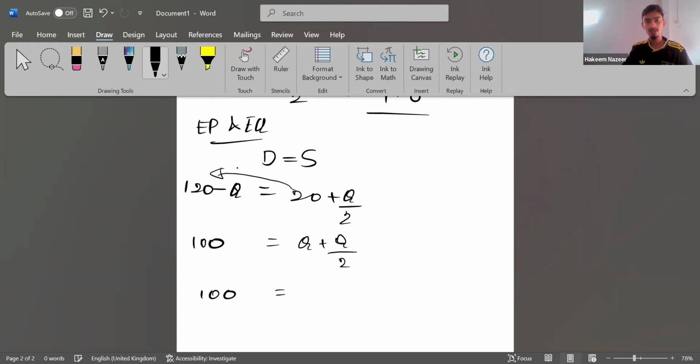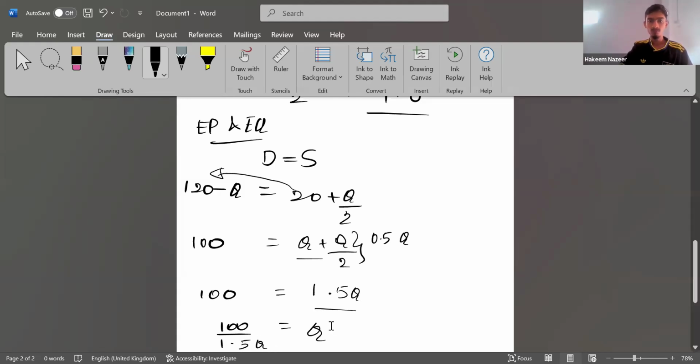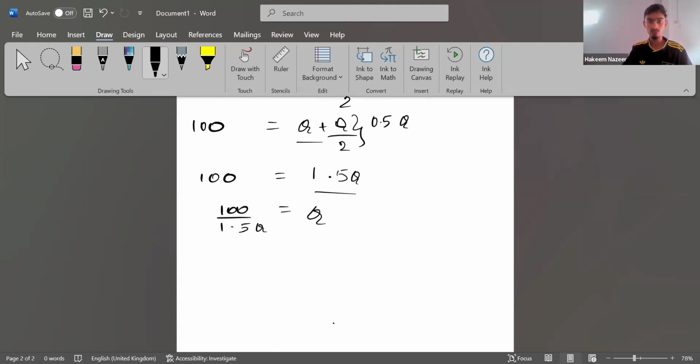Then 100 equals 1.5 Q. To make it easier, we make Q the subject first. Then Q equals 200 over 3.